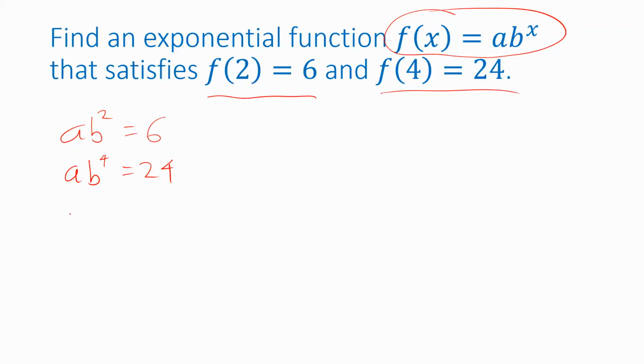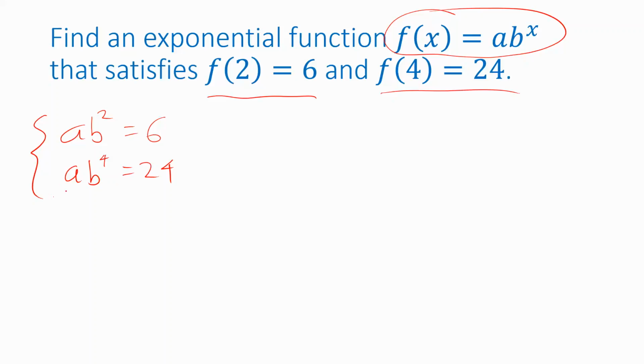So I have two conditions, which makes sense because I have two unknowns, a and b. Together, these two conditions represent a system of equations we can use to solve for the two unknowns. There are several ways to approach this. For this kind of problem, here's a nice little trick. What I'm going to do is eliminate one of the variables by dividing one of the equations by the other.